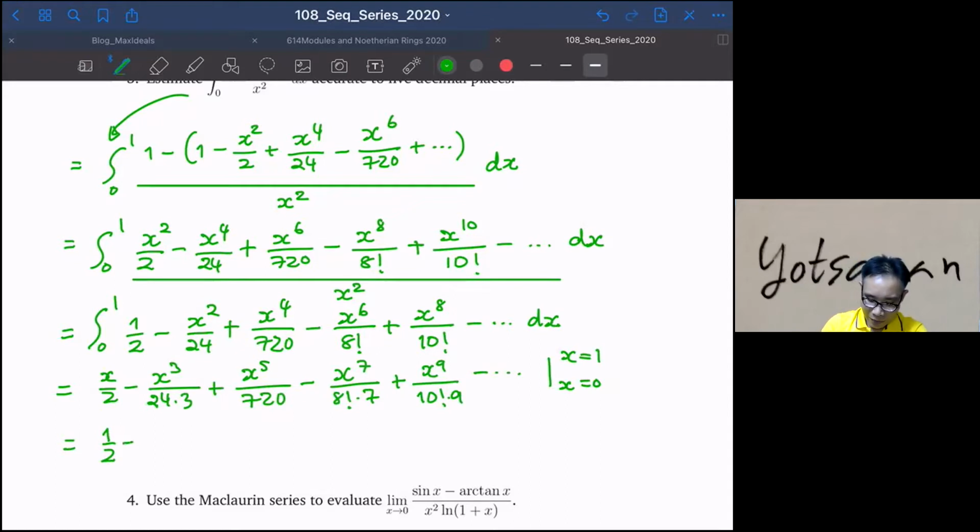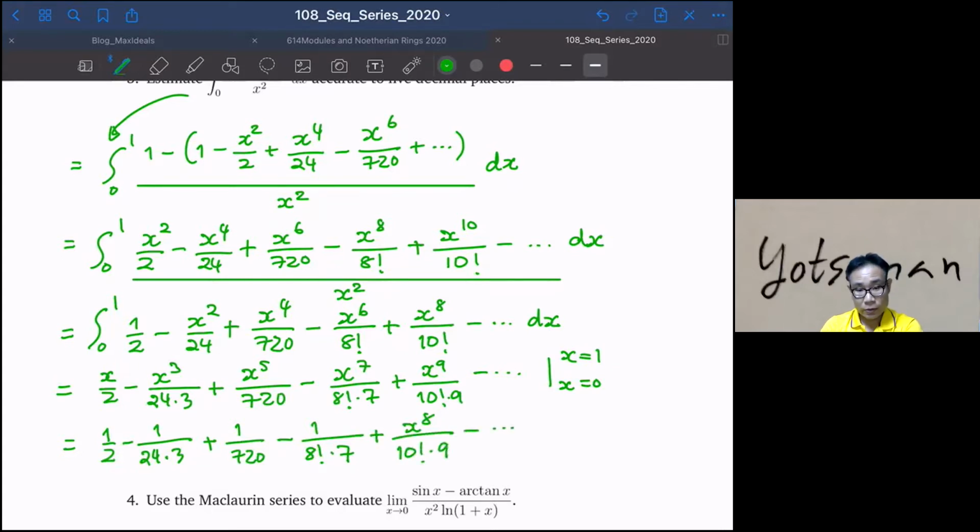So you're going to get 1 over 24 times 3, plus 1 over 720 minus 1 over 8 factorial times 7, and you have x to the 9 over 10 factorial times 9, and so on, so forth.